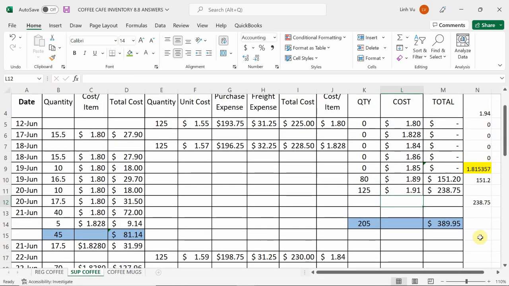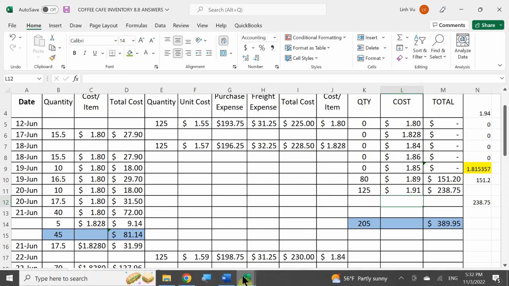So therefore, 289.95, which is correct, right? That is the correct amount in your inventory, right? So we did the journal, the ledger, subledger, and inventory worksheet.